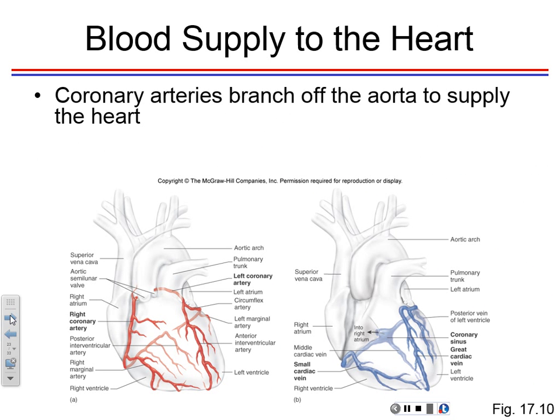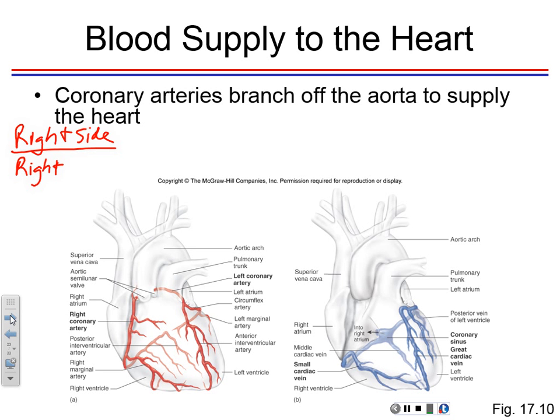All right. So on the right side, you've got the right coronary artery. We're talking about blood going to the heart muscle. We have circulated blood into the systemic circulation, pulmonary circulation.